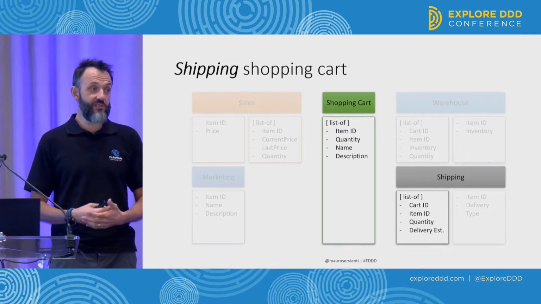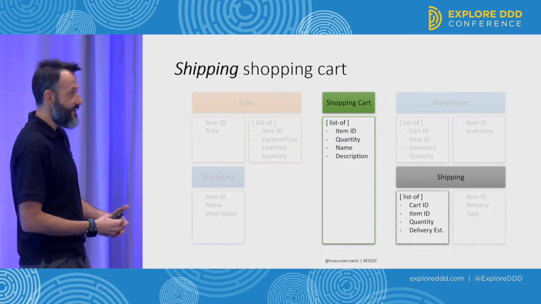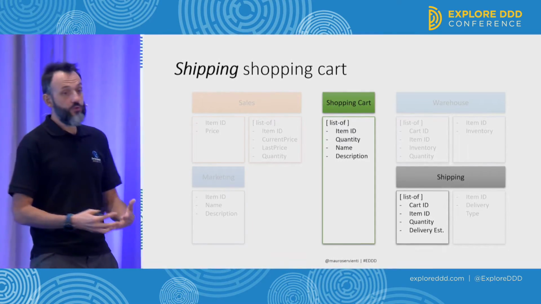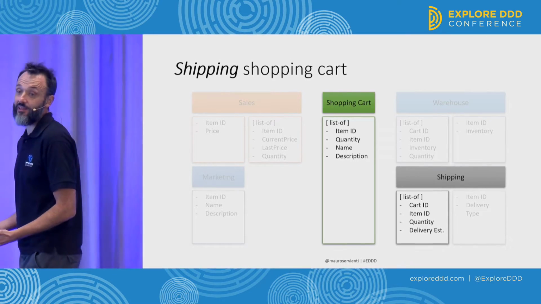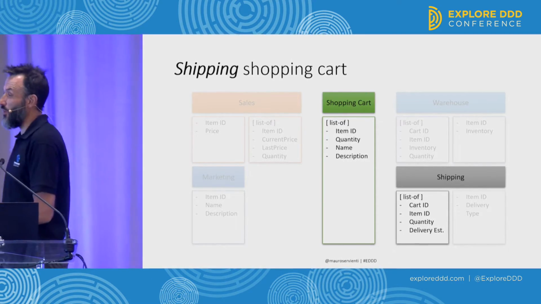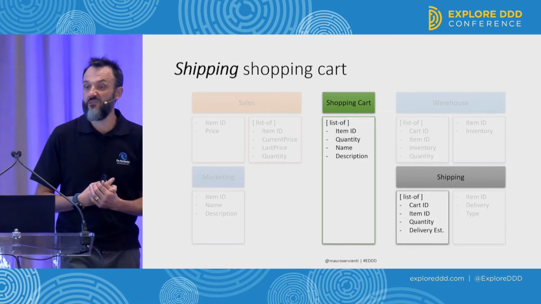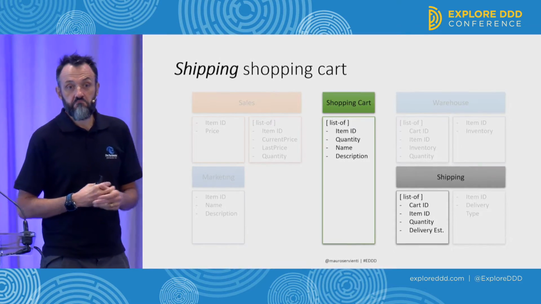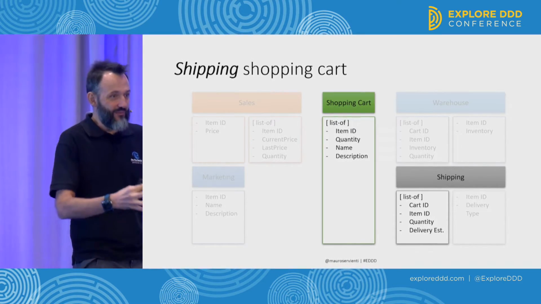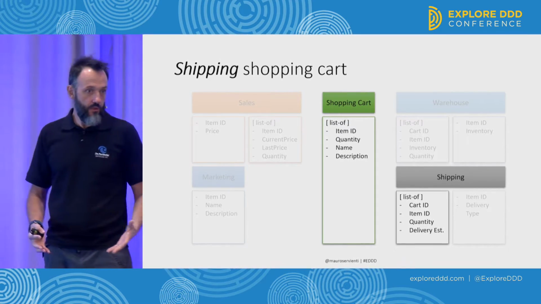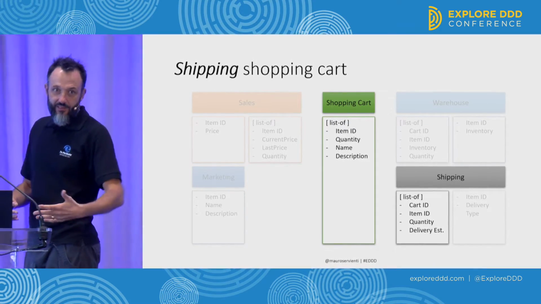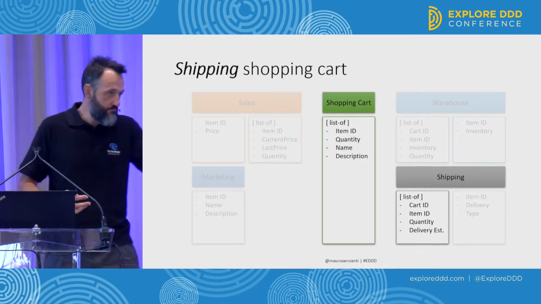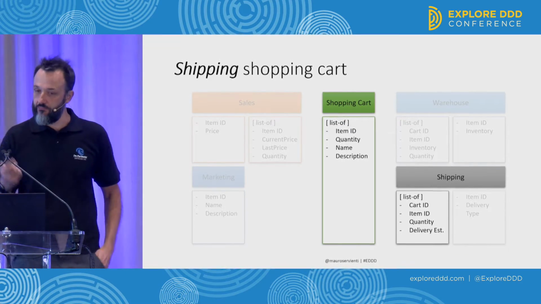Shipping can basically do the same thing: cart identifier, item identifier, quantity, and estimated delivery. Probably, we could say that quantity is redundant for shipping. Probably. We just don't know really what the business is about. So quantity might affect the delivery time, might not. I started from the assumption that it could.